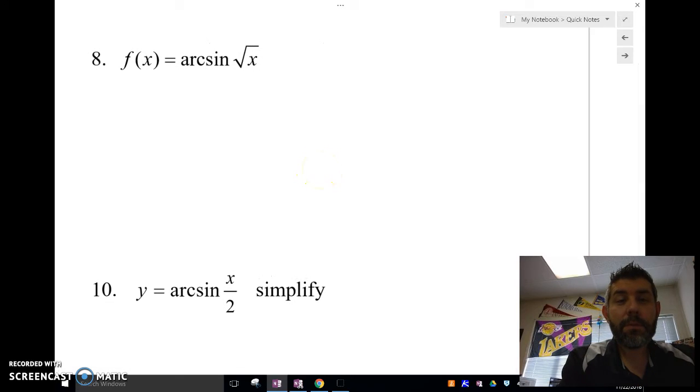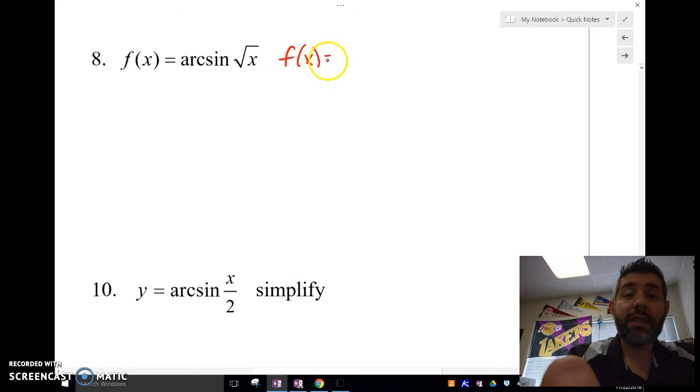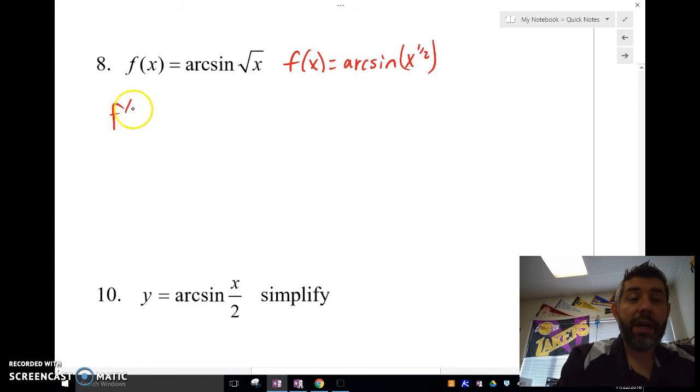Okay, let's do this one here. For this one, I'm going to change this to f of x equals arc sine of x to the 1/2. So we're going to have f prime of x.